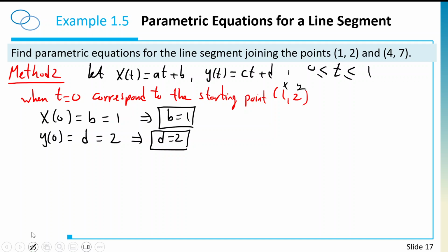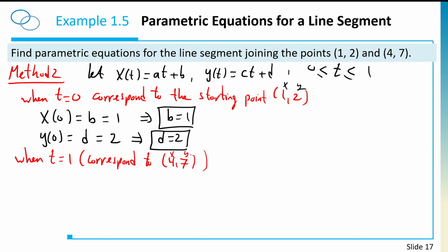Now I'll do the same thing with the other value for t. When t equals 1, we take it corresponds to the other point, 4, 7, the terminal point.